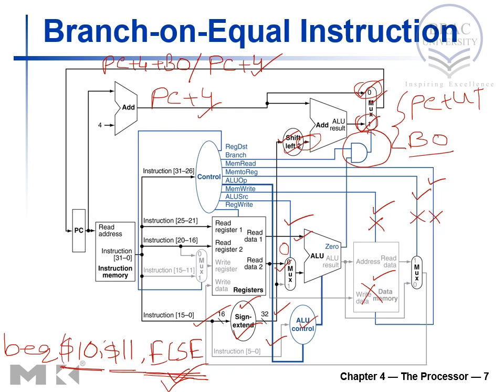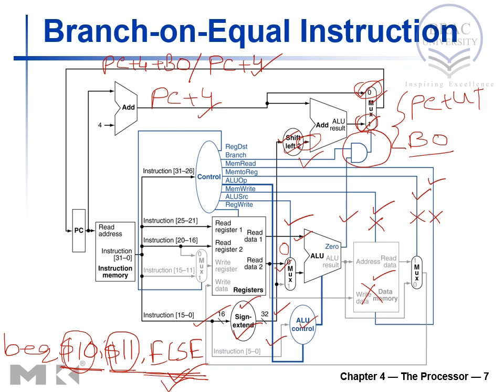After comparing the value inside register 10 and inside register 11. If they are equal, then this link would generate 1, and this is a branch instruction, so this link would also generate 1.